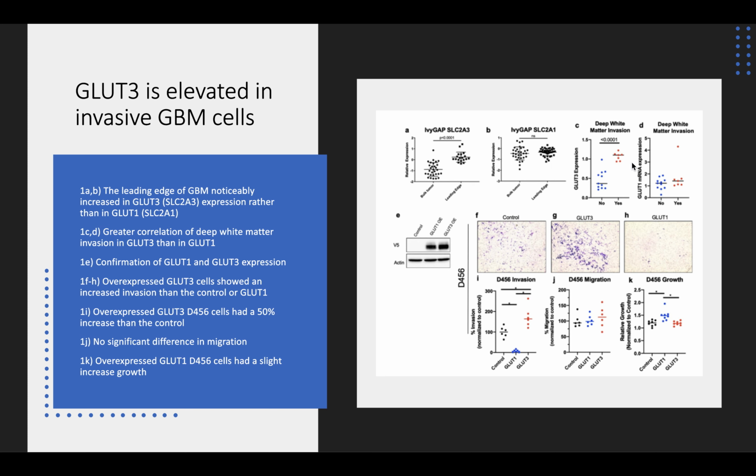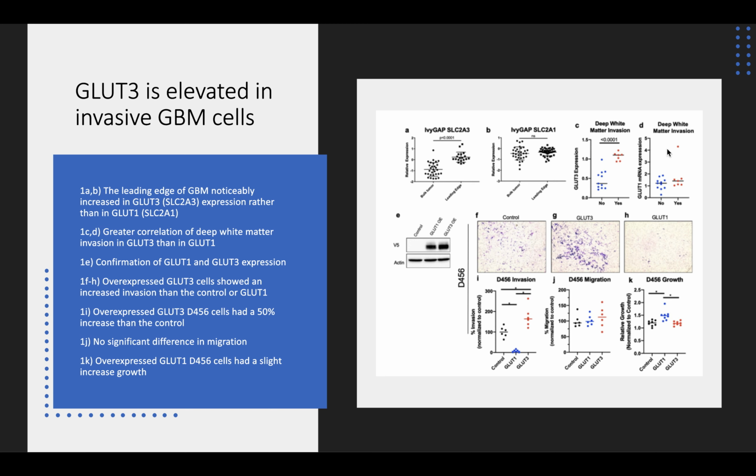In graph 1C and graph 1D, one may notice the deep white matter invasion. This is as it relates to the deep white matter invasion. In 1C, it represents GLUT3 expression on the y-axis, and on the x-axis is no and yes.